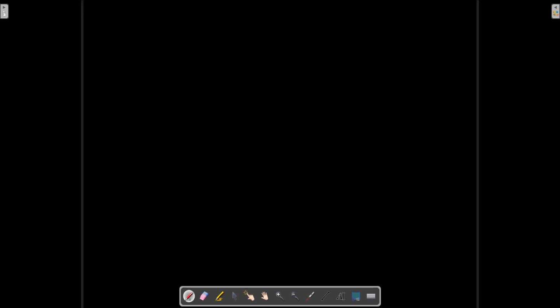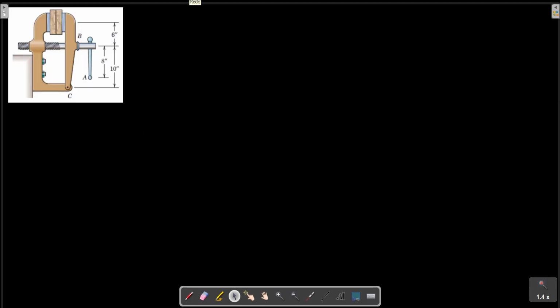consider the problem at A. At first, we are going to provide a free body diagram for the jaw. The jaw has this approximate sketch.